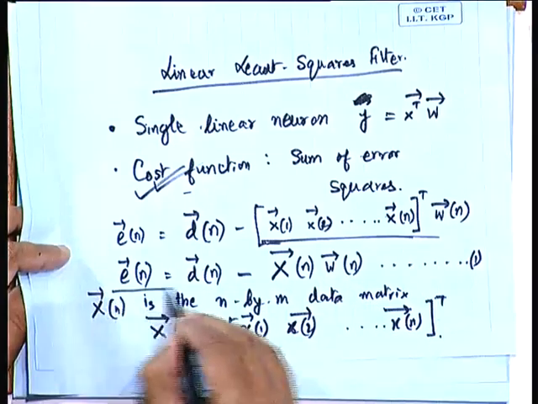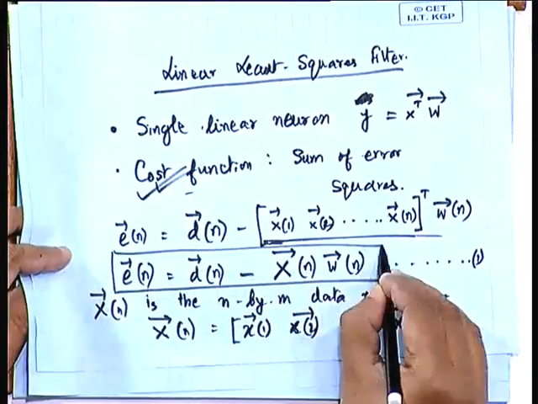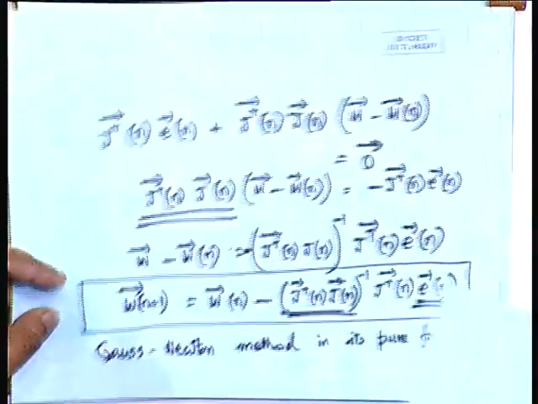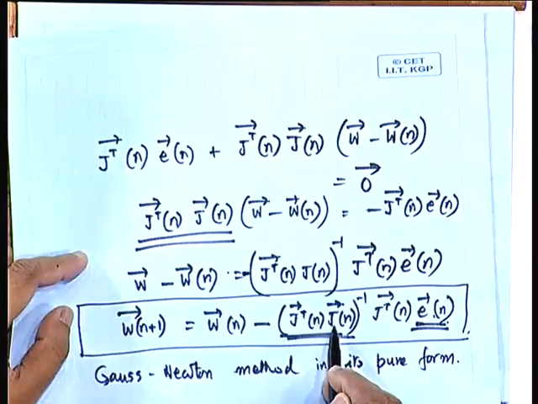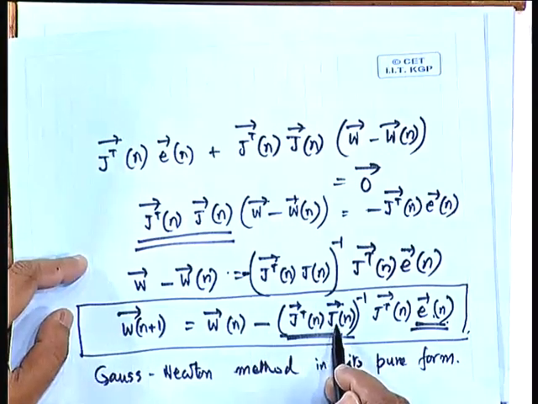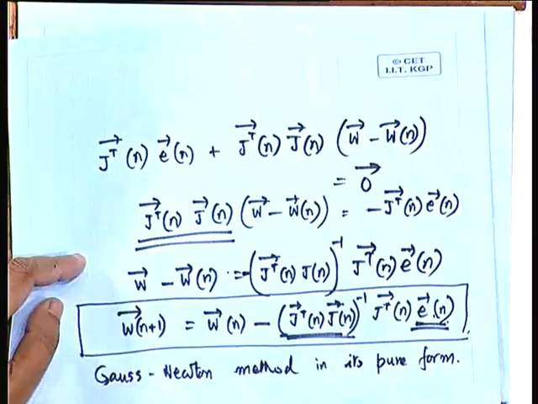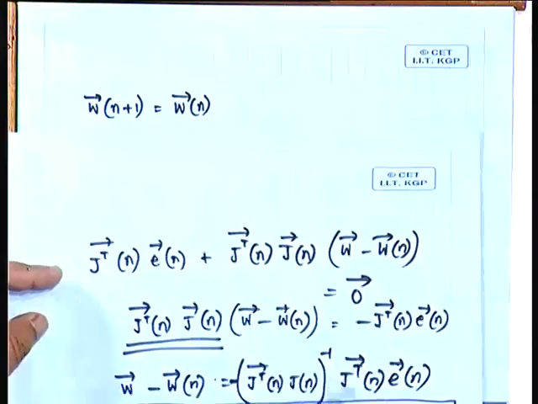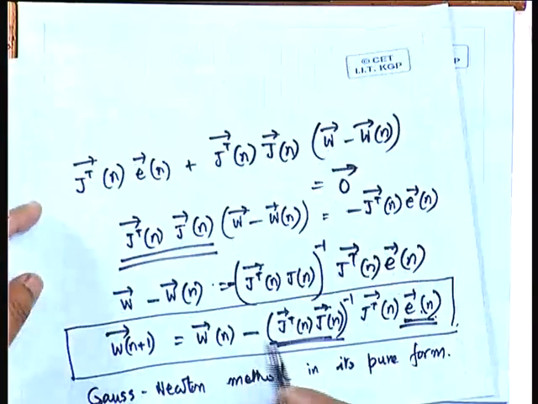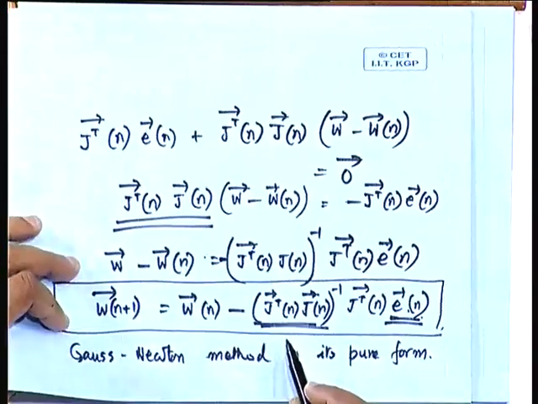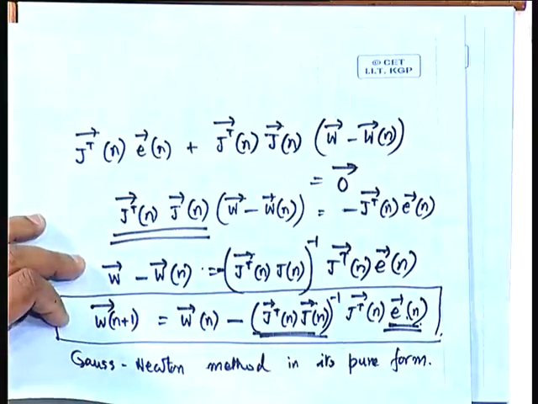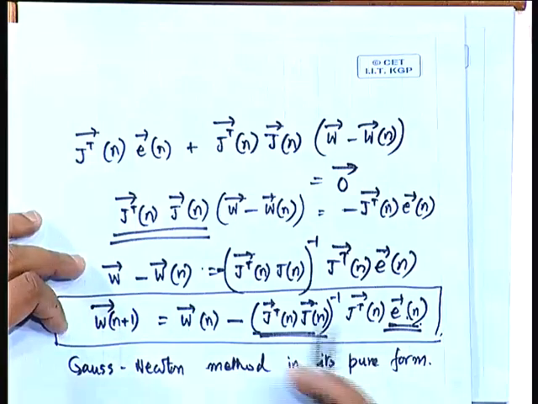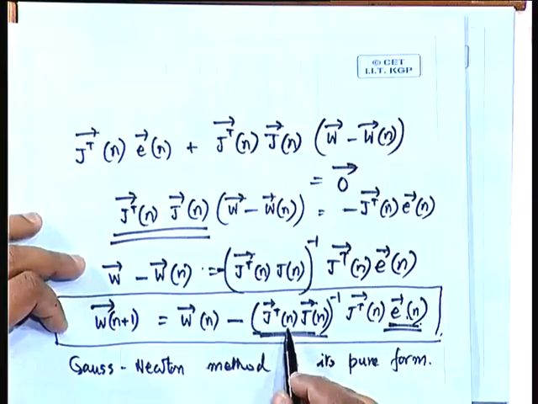So we are going to substitute this equation in place of E n over here, and in place of J n we are going to substitute minus x of n. So if we do that, then we are going to get W n plus 1 is equal to W n already there, and then, because already a minus is there, the Jacobian term is going to be a minus of x of n.